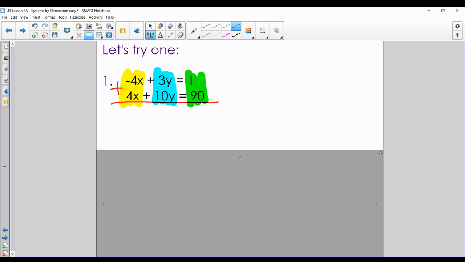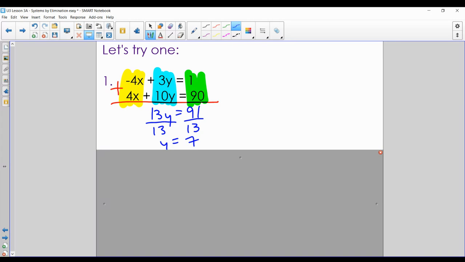That's what we're trying to have happen. That is the elimination part. We're eliminating the x. So then if I add the other two, I'm going to get 13y is equal to 91. So now I have a very easy equation that I can solve for y. So I just divide by 13 and I get y equals 7.